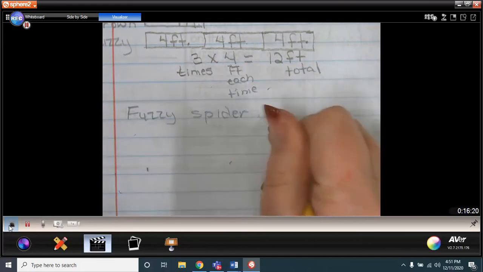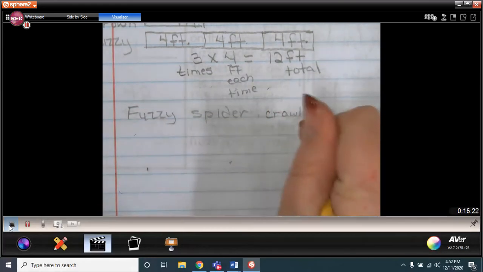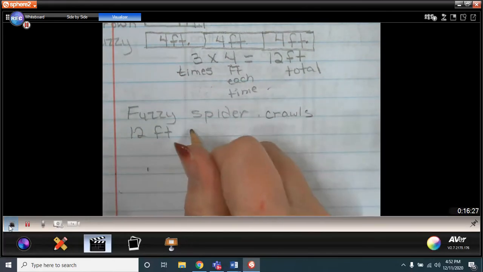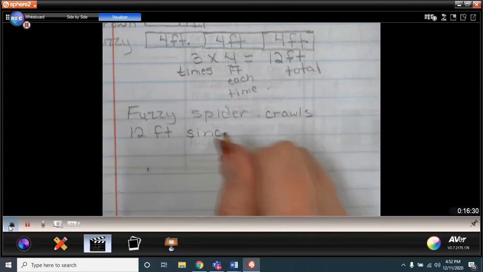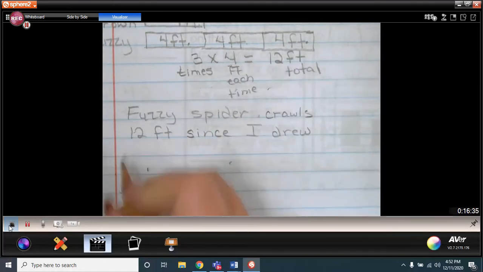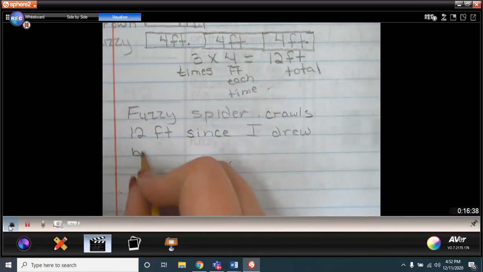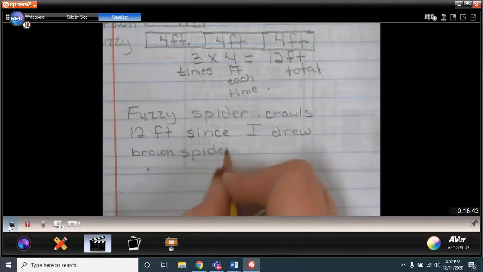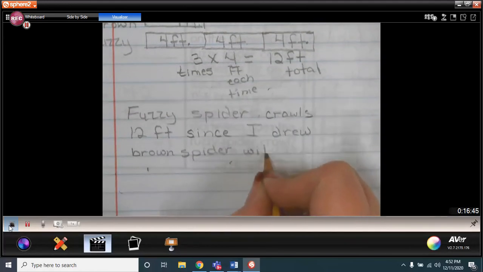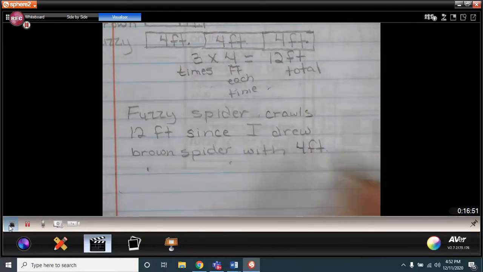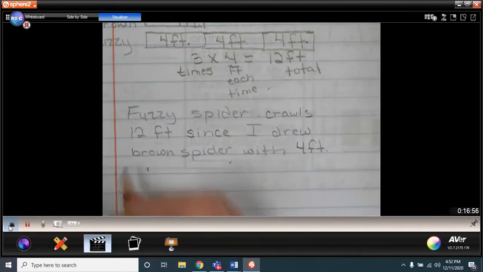Fuzzy spider crawls 12 feet since I drew brown spider at 4 feet, and then I drew 4 feet 3 times for fuzzy spider.